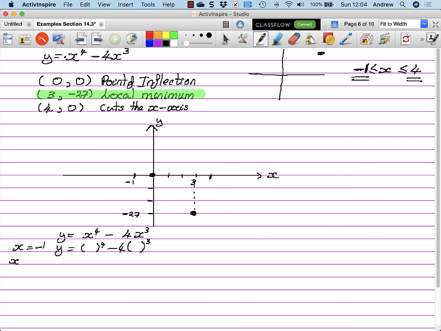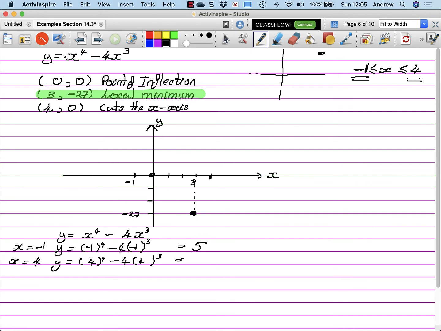I've also got x is equal to an input number of 4, so y is equal to (4) to the power of 4 minus 4 on (4) to the power of 3, and I want to work out the 2 output numbers for these 2 input numbers. Now, the output number for -1, again, you can reach for the calculator or you can do it in your head, is going to be 5.